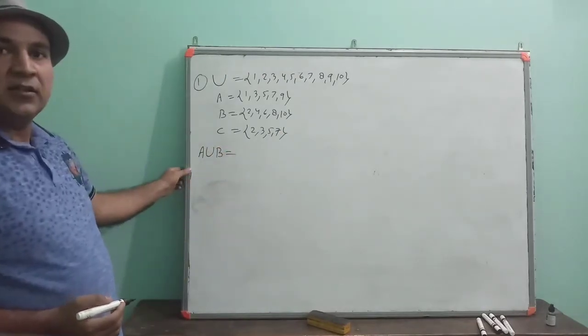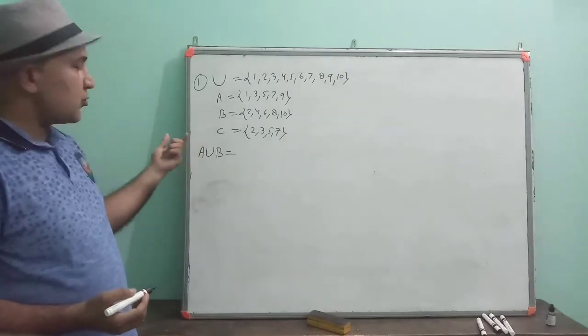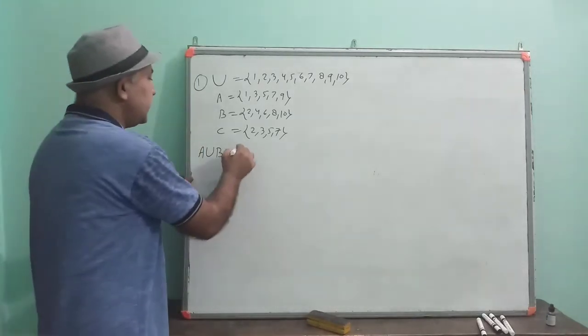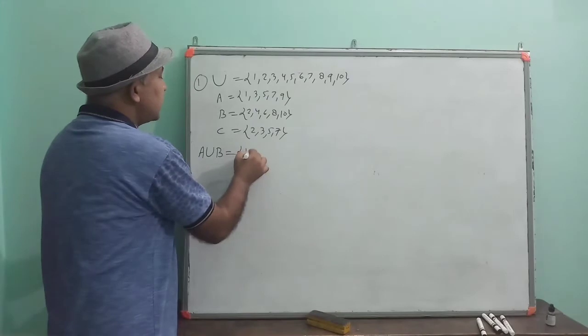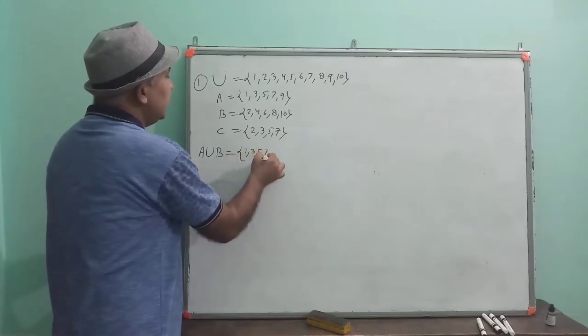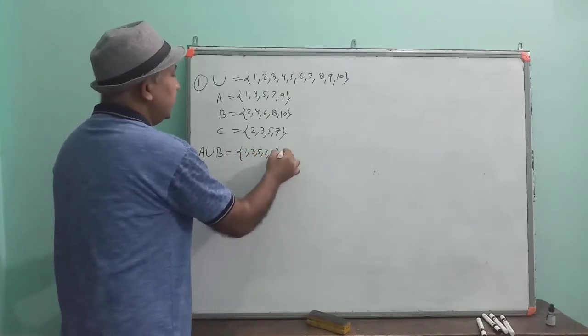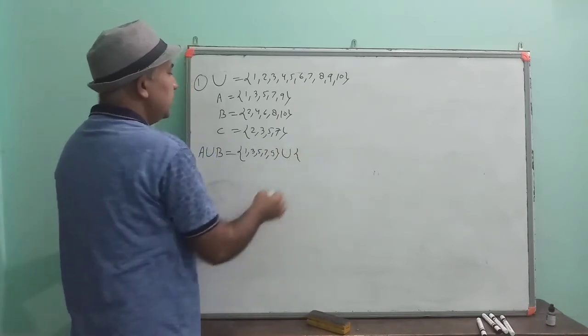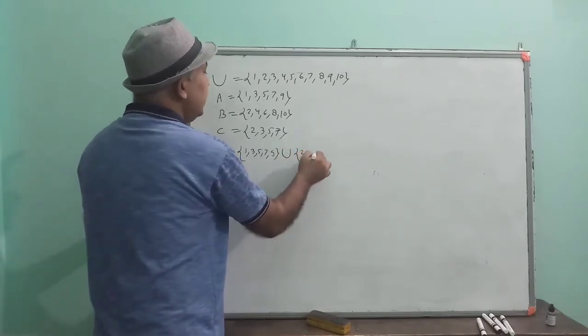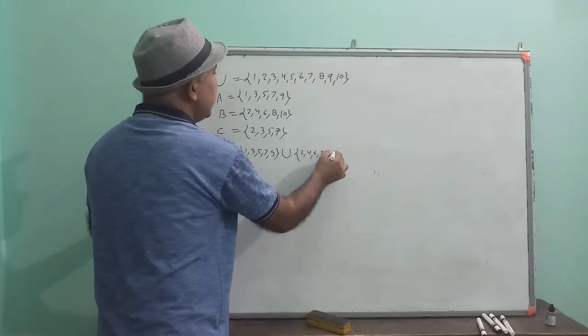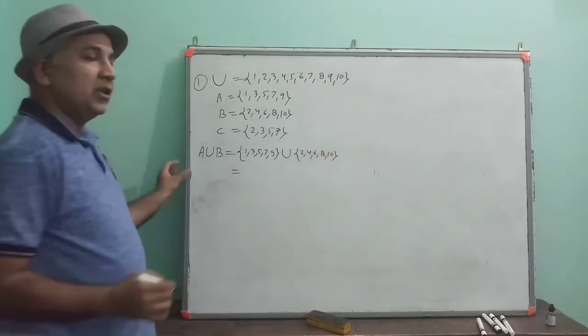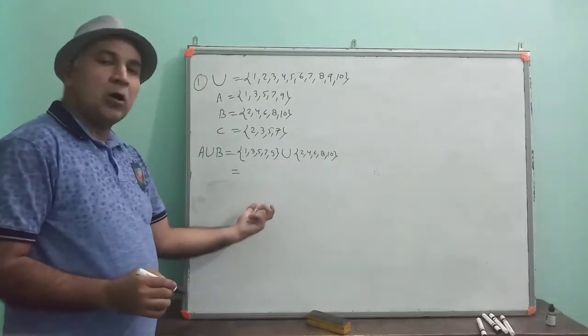What will be the set of A union B? So how to find A union B? See here. Write down the elements of A: 1, 3, 5, 7 and 9. Then the symbol of union. Elements of B: 2, 4, 6, 8 and 10. Union means collection of all.